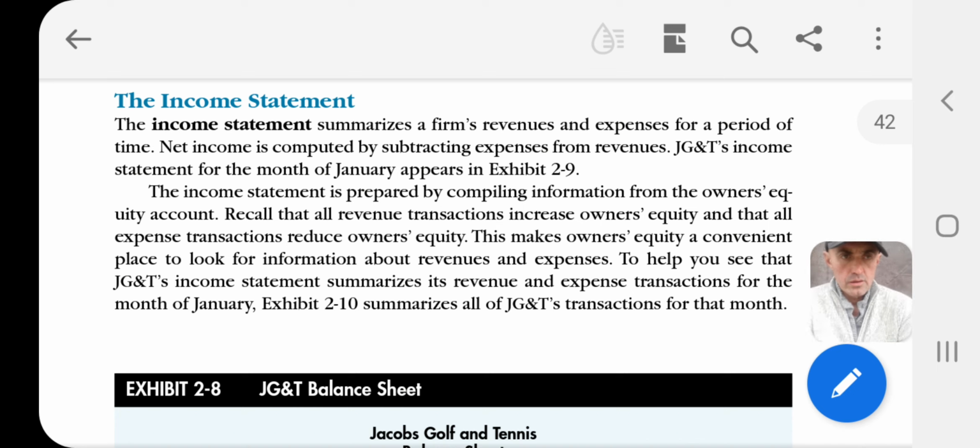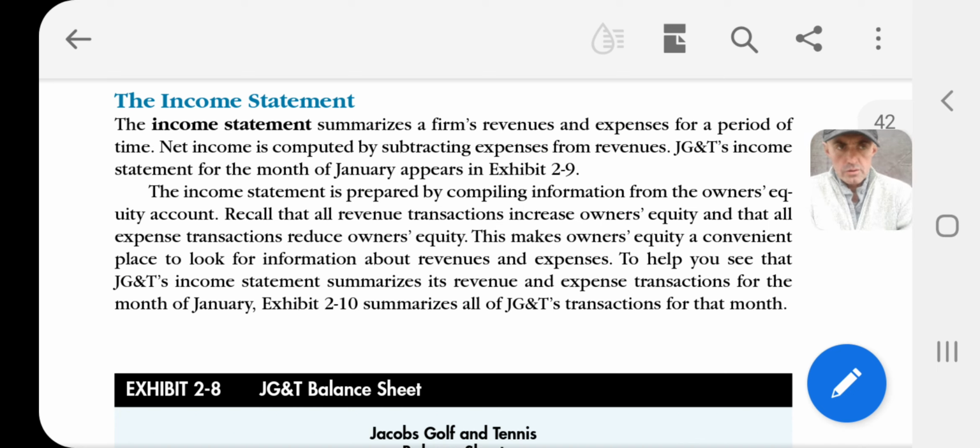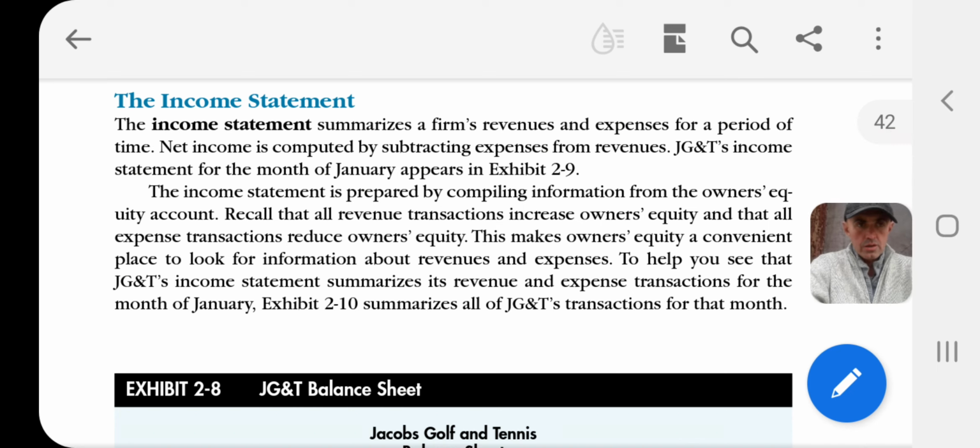We're back in Lviv region, Ukraine, and today we're going to learn English as well as accounting by learning financial accounting together with you, my friends.